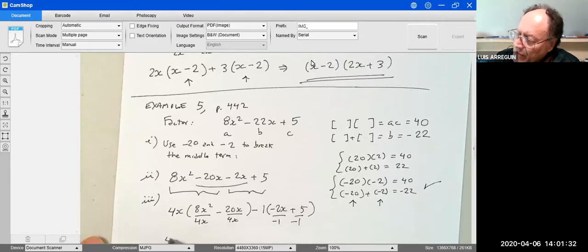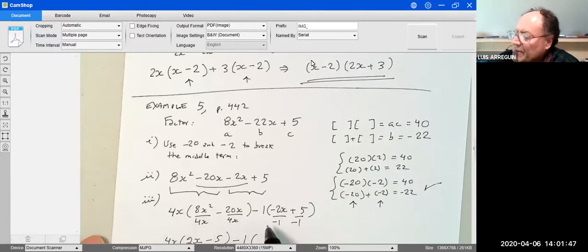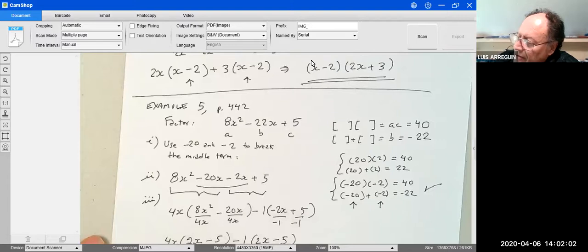So you end up with 4x, and 4 divided by 4 is 2, x squared divided by x is x, negative 20 divided by 4 is going to be negative 5, x over x is just 1, minus 1. Now it's very important to write this negative 1. You're going to see now why. So negative 2 over negative 1 is just positive 2x, and positive 5 over negative 1 is going to be negative 5. So we get our common binomial.